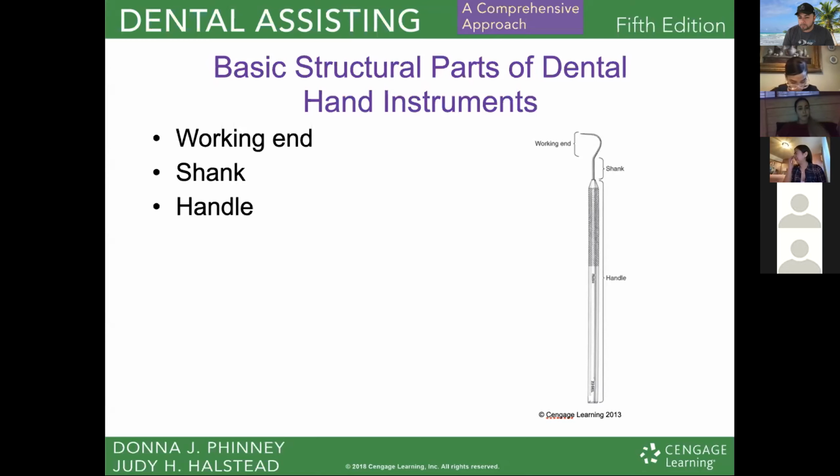So we have one of the most basic instruments pictured here, and this is a picture of an explorer. Every instrument will have a working end. It will have a shank. The shank is kind of like the vertical aspect of the instrument that is not the handle. And then we have the handle where you're actually holding on to.